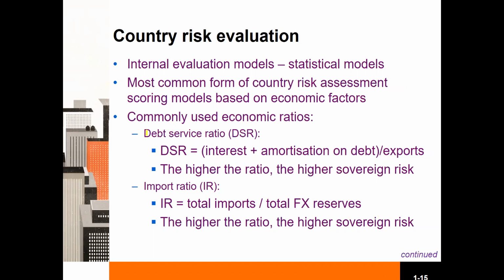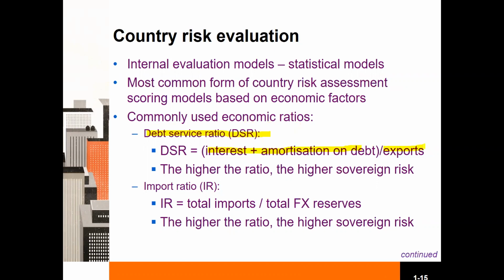First of all is the debt service ratio. You can see that the debt service ratio is the ratio of a country's interest and amortization obligations to the value of its exports. You understand that a country's exports are its primary way of generating dollars and other hard currencies.